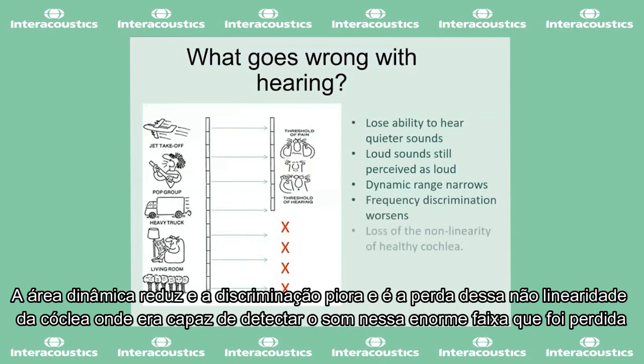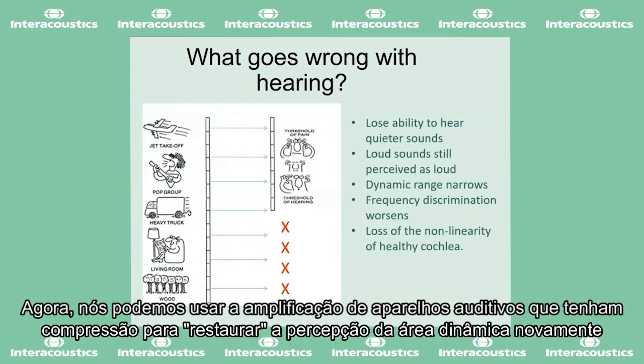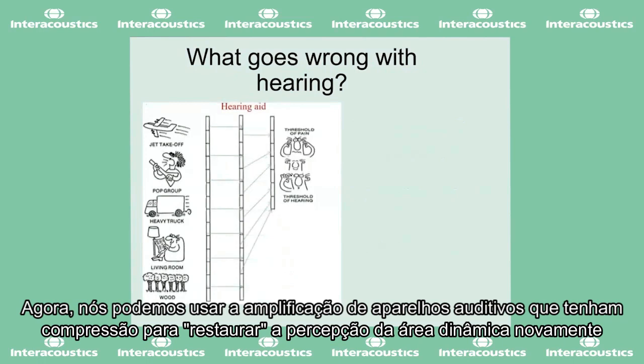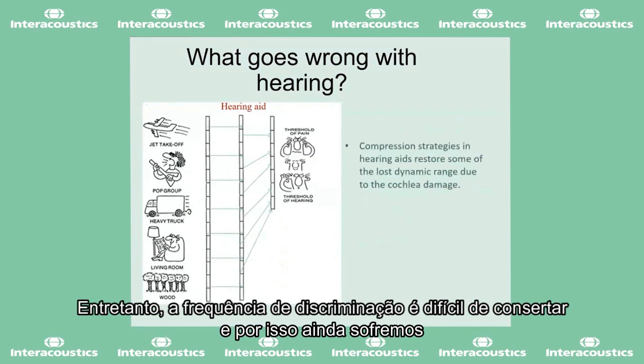It's the loss of this non-linearity of the cochlea, where it was able to detect sound over this huge range, that has been lost. Now, we can use hearing aid amplification, which has compression to restore the full dynamic range of perception again. However, the frequency discrimination is hard to fix.